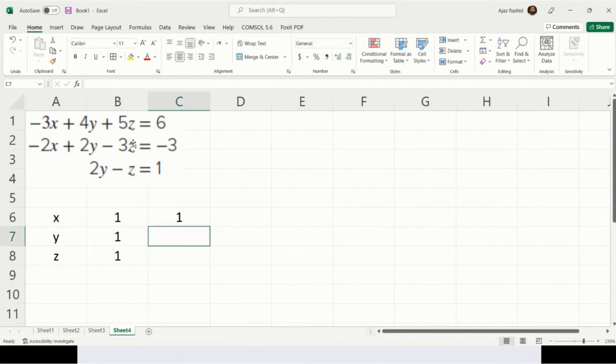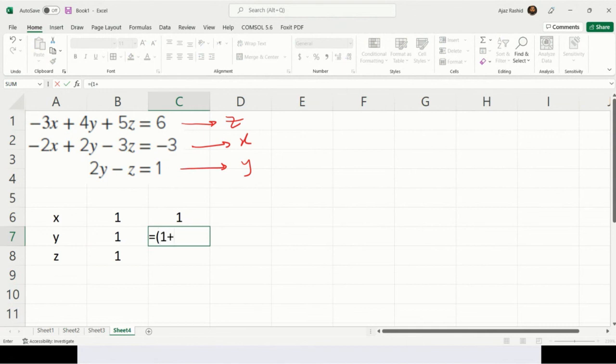X, Y, Z, as this is calling them. So we are using this for x, this for y, and we'll use this for z. So the y equation says 1 plus z. Of course, I'll use the Gauss-Seidel iteration, divided by 2.